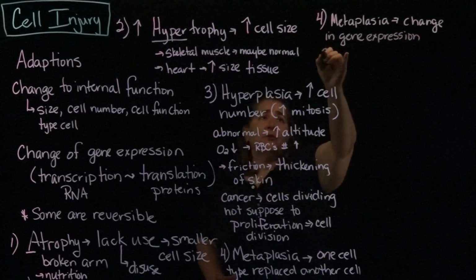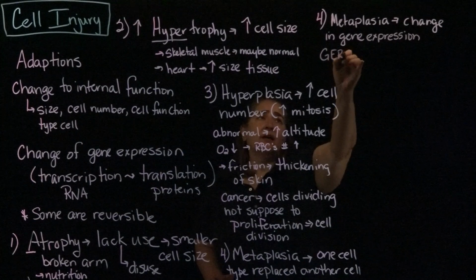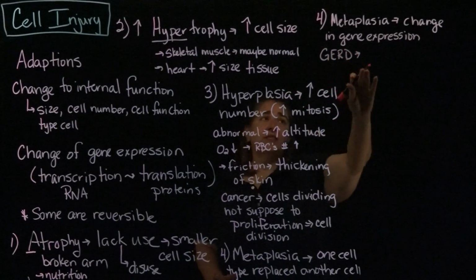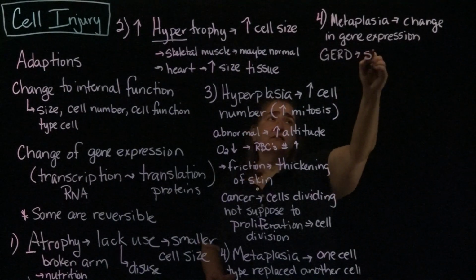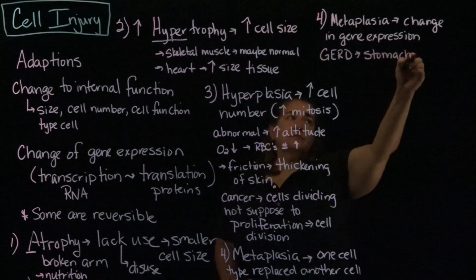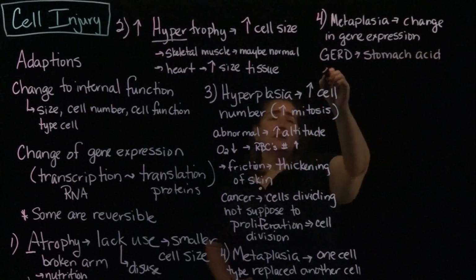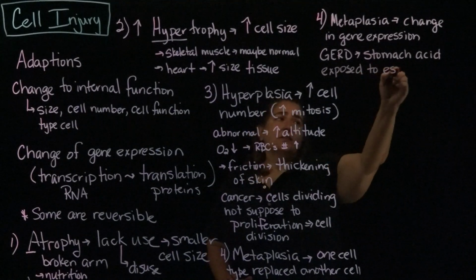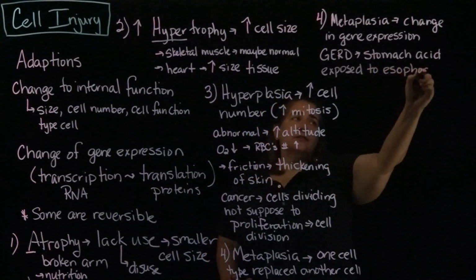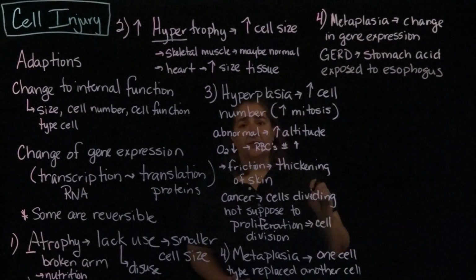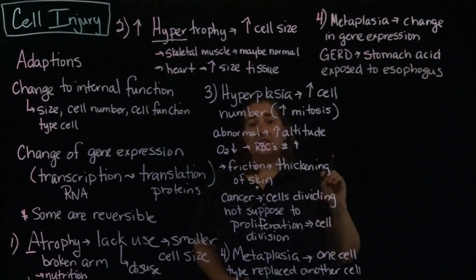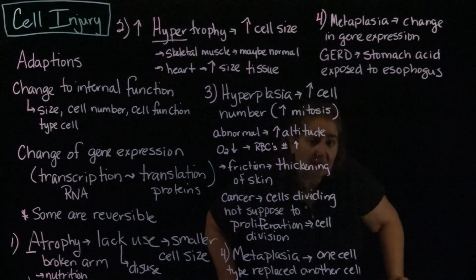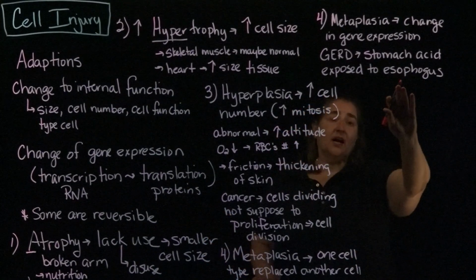So a great example of this, if you have acid reflux or GERD, what ends up happening, that stomach acid is exposed to the esophagus. Now, the stomach is uniquely adapted to deal with the highly acidic environment within the stomach. The esophagus is not.